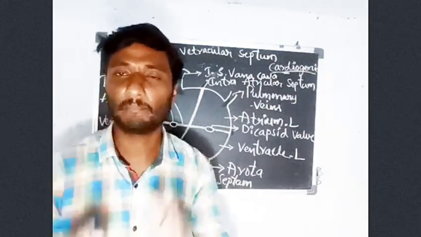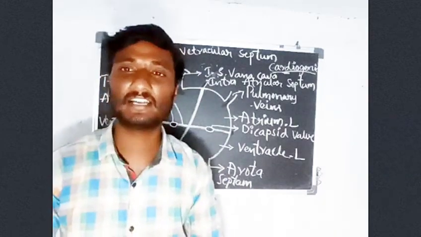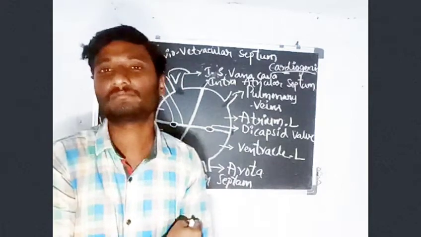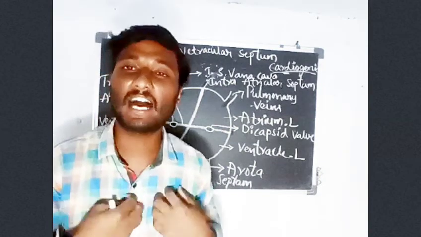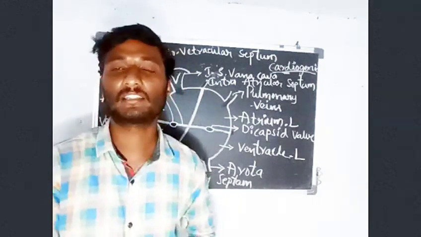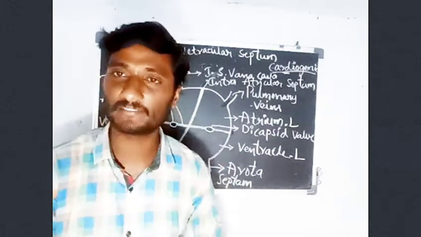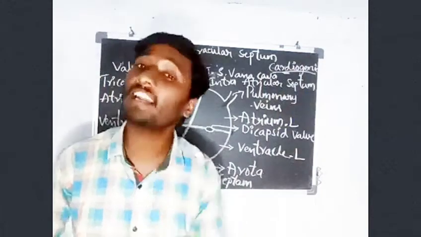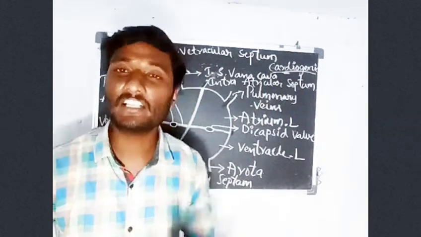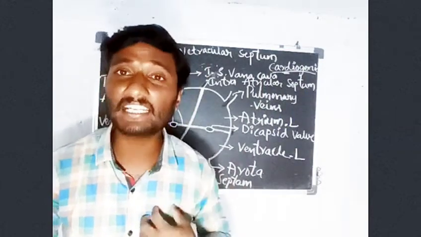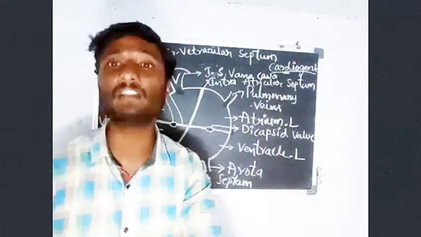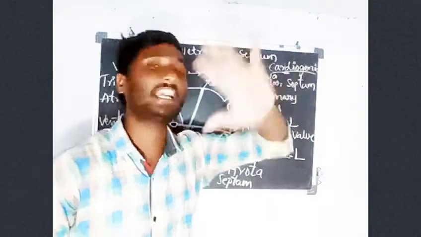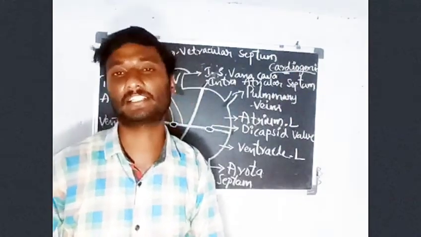Myogenic heart means our heart is made up of muscles. With the help of muscles, our heart is formed. The other name is cardiogenic. Cardiogenic means our heart is working under the control of heart muscles.